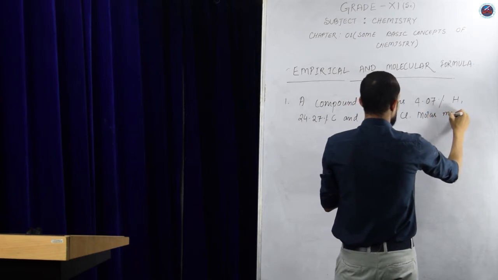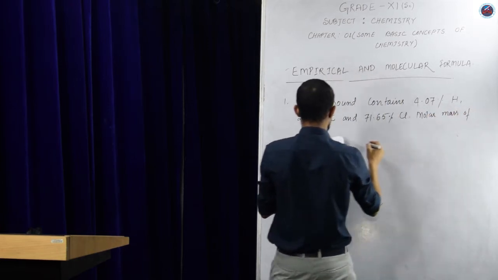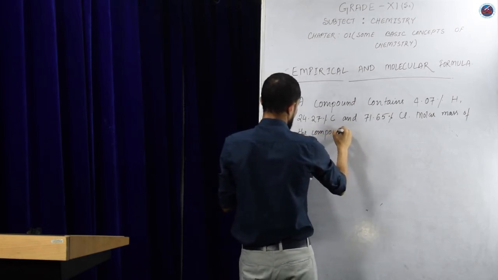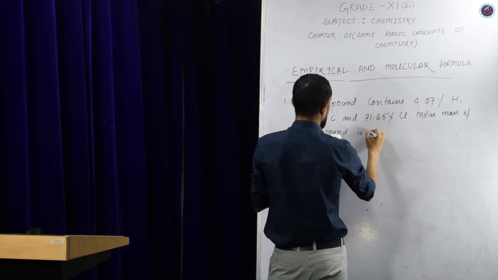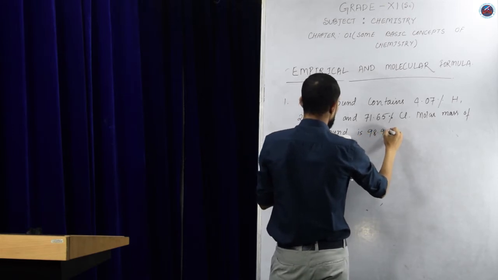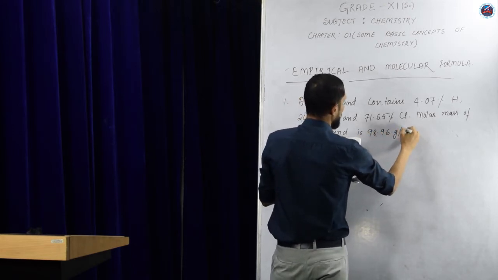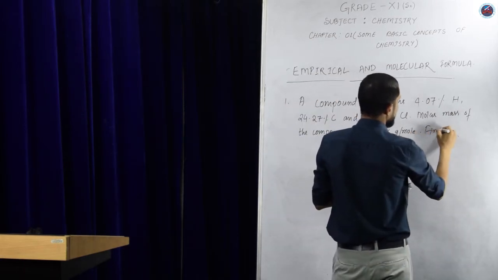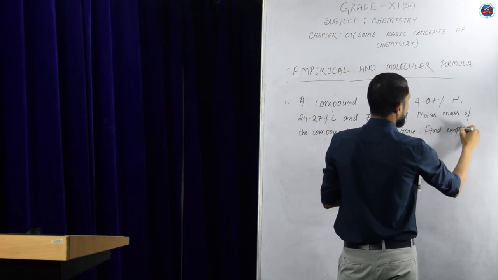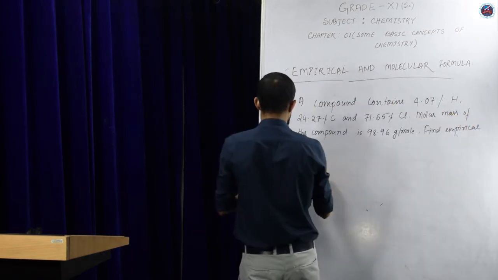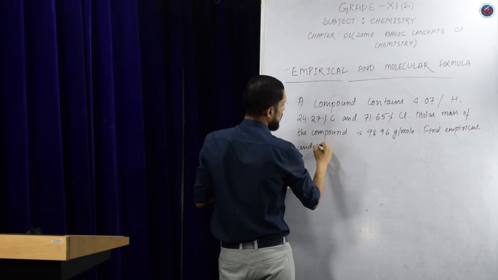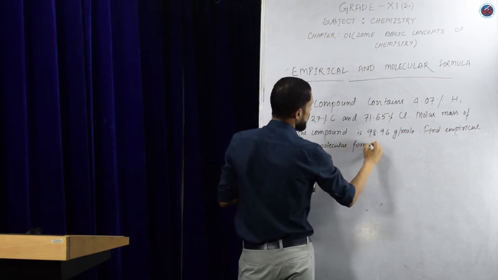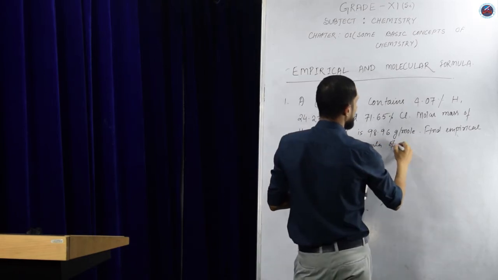The molar mass of the compound is 98.96 gram per mole. Find the empirical and molecular formula of the compound.